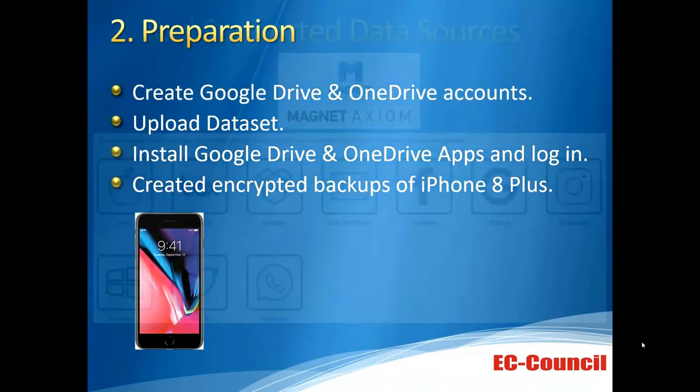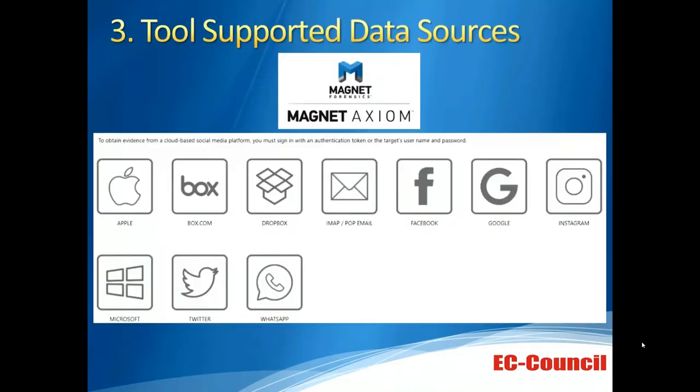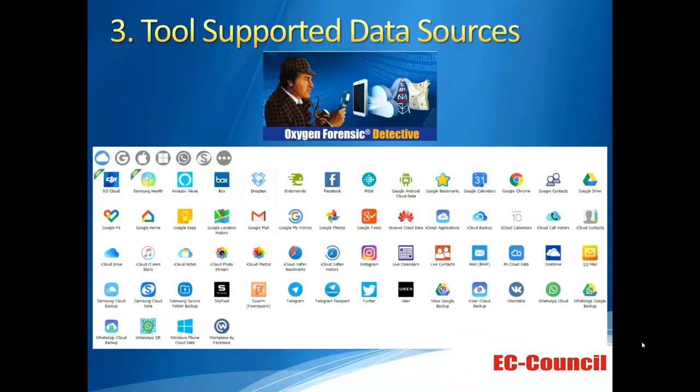The first tool that we look at, what cloud data sources it supports, is Magnet's Axiom. As you can see, Axiom supports the basic cloud services such as Apple, Box, Dropbox, Mail, Facebook, Google, Instagram, Microsoft, Twitter, and WhatsApp. Secondly, Oxygen Forensic Detective adds significantly more data sources.